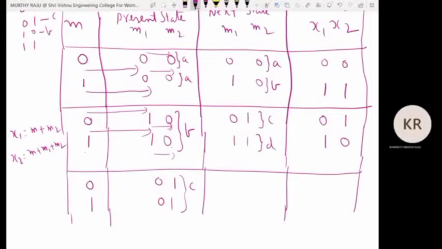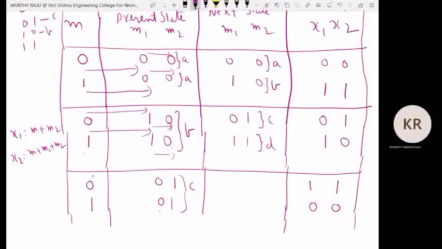M bit is 0, M2 is 1. 0 exclusive OR with 1 is 1. 0 exclusive OR with 0 exclusive OR with 1 is 1. Here 1 exclusive OR with 1 is 0. 1 exclusive OR with 0 is 1. 1 exclusive OR with 1 is 0.